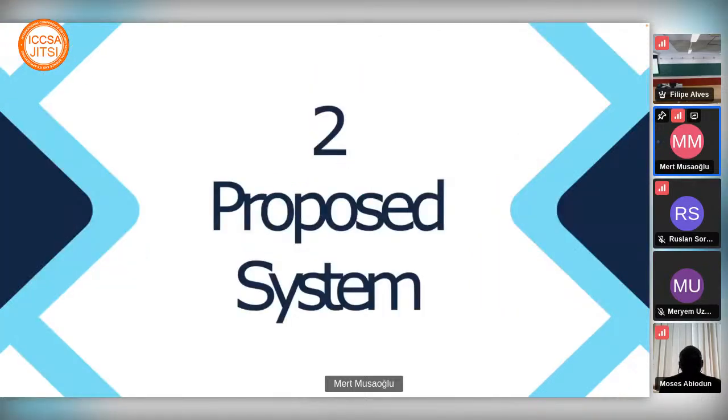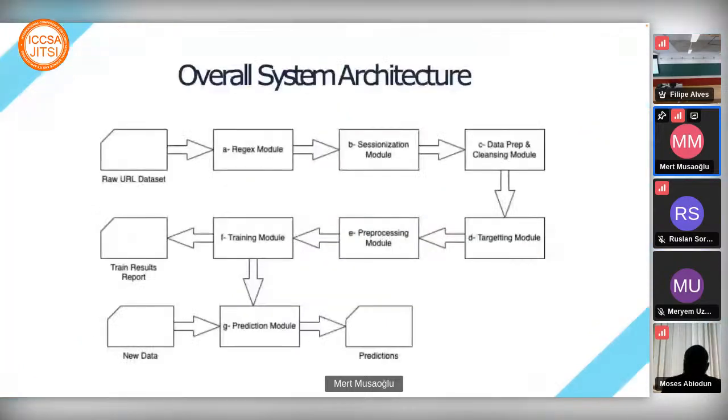So let's go into our proposed system. We propose a business process that can use the website navigation data to find which topic will be the next move in people's navigation. You can see the system architecture of the business process here. For this study, we collect session-based navigation user data.